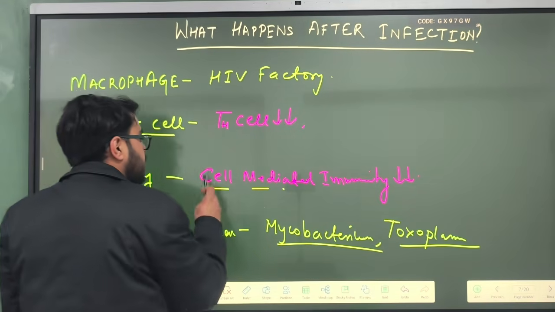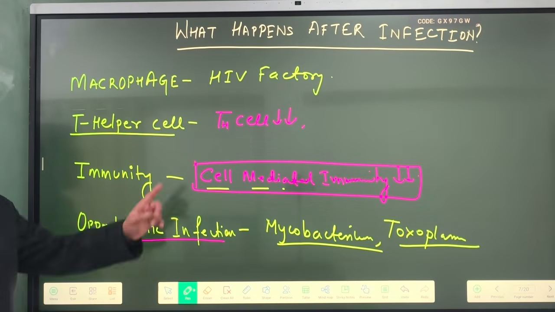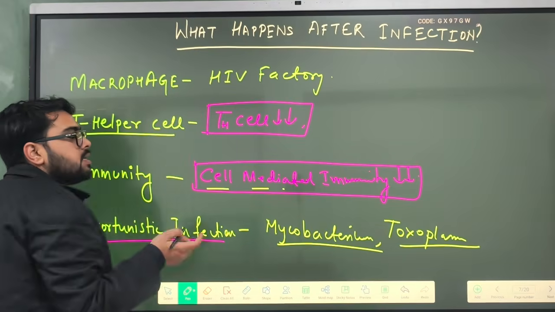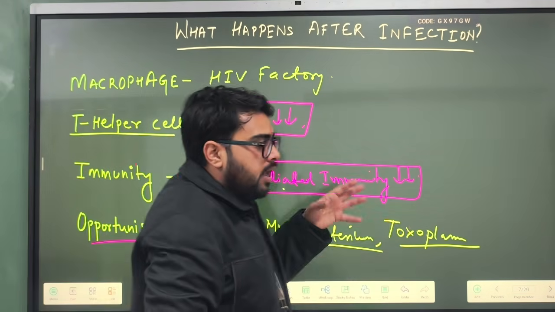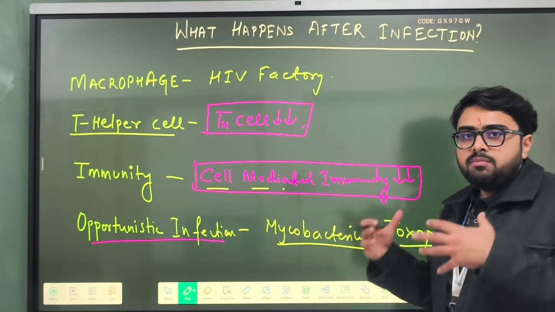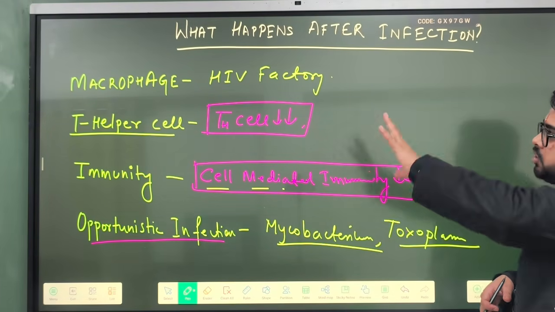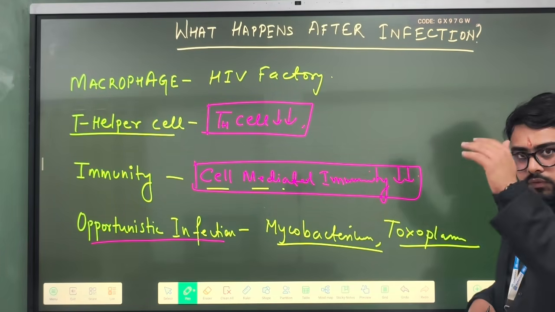This is very, very important. Which type of immunity gets compromised? Cell-mediated immunity. The number of T helper cells will reduce significantly, and that is the reason our body's immune system becomes deficient. Clear? So the macrophage acts as an HIV factory, and the amount of T helper cells gets reduced.